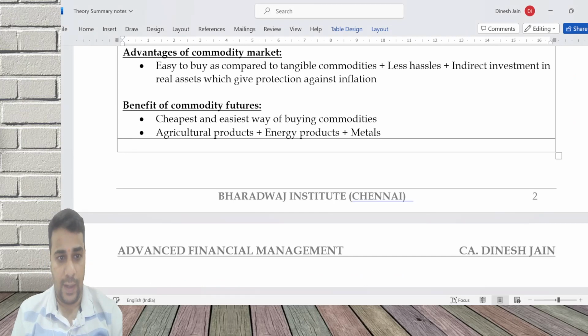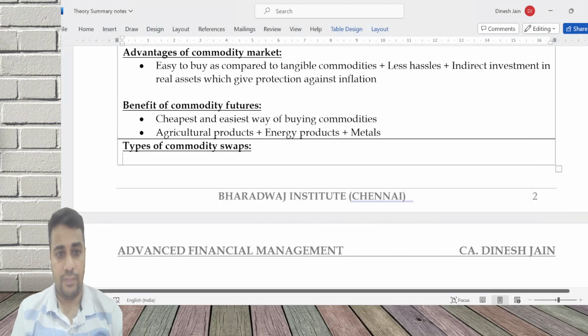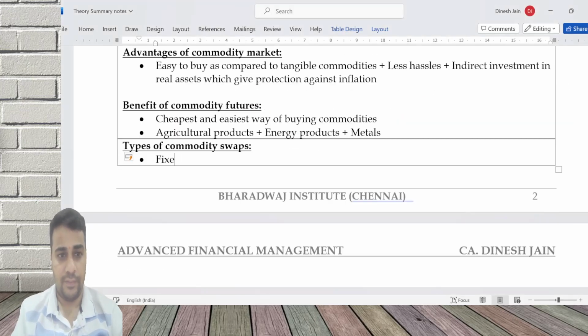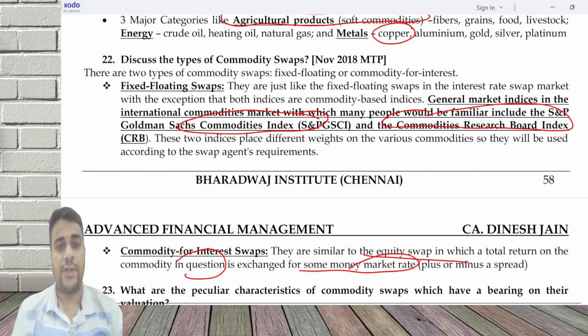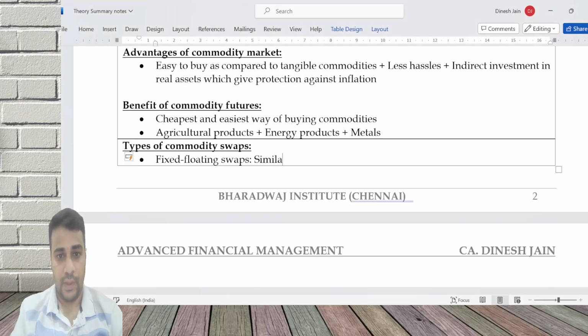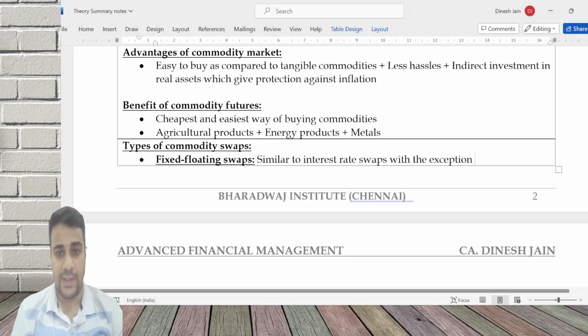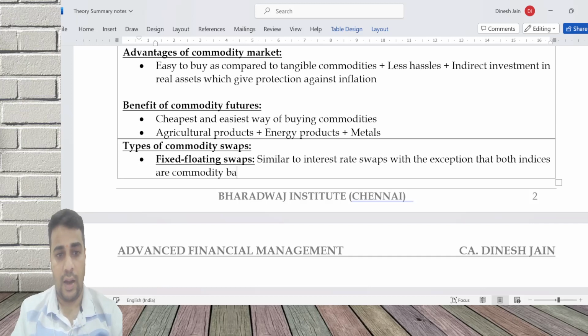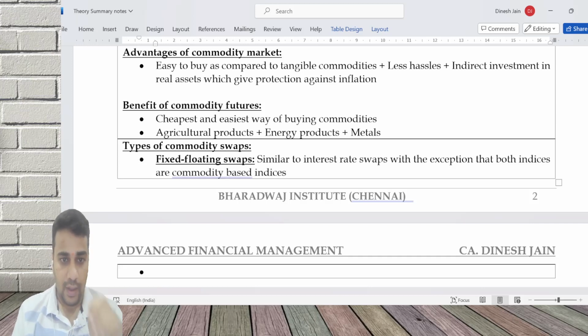Now, types of commodity swaps: fixed floating swap, similar to interest rate swaps, with the exception that both indices are commodity based indices.